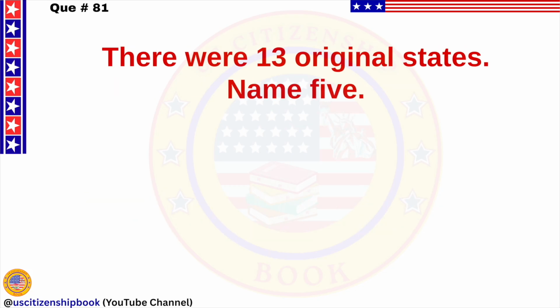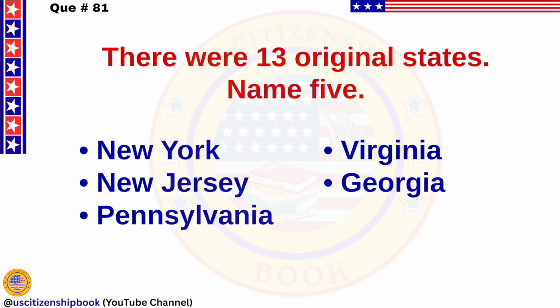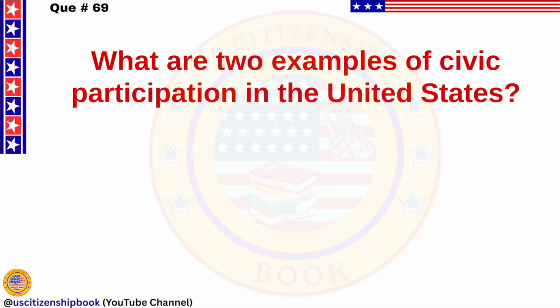There were 13 original states. Name 5. New York, New Jersey, Pennsylvania, Virginia, Georgia. What are two examples of civic participation in the United States?